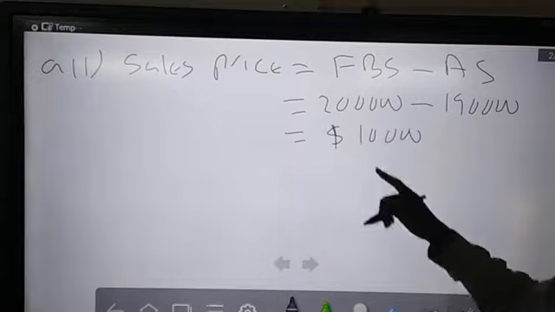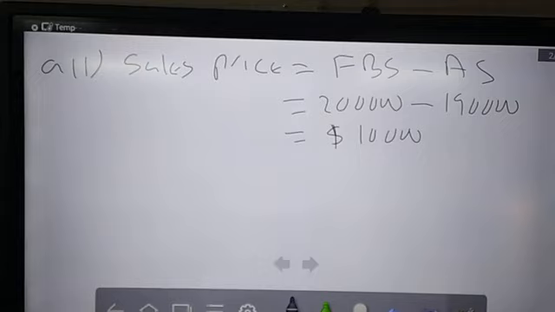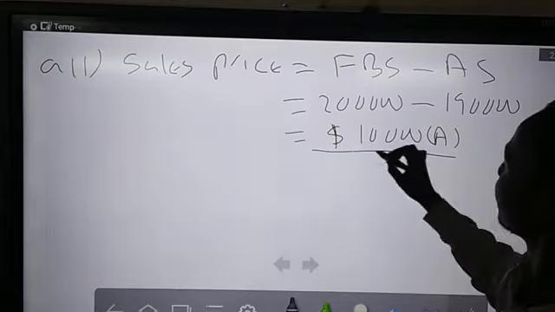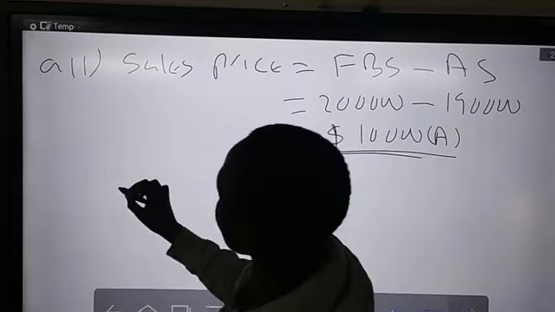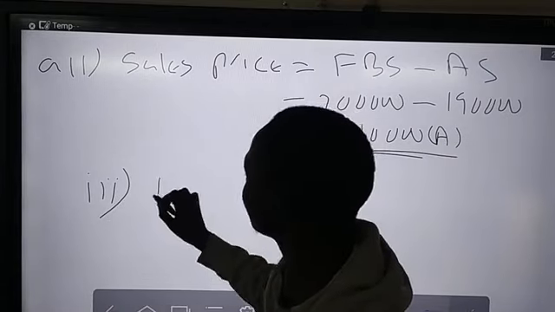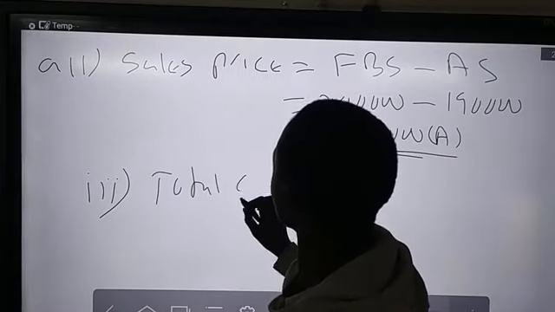We budgeted to sell 200,000, the FBS, but if we sell 190,000, is it a benefit or a loss to the business? This is going to diminish our profitability. So this is adverse.